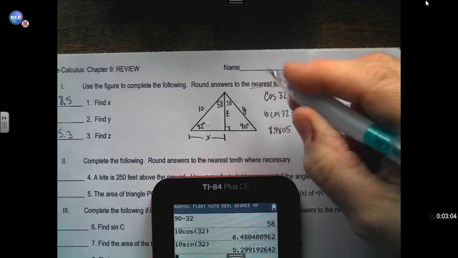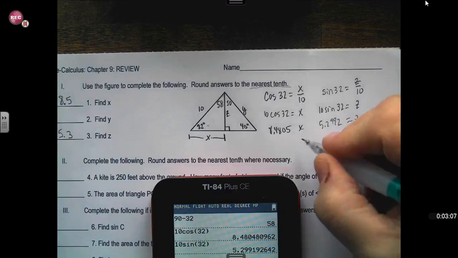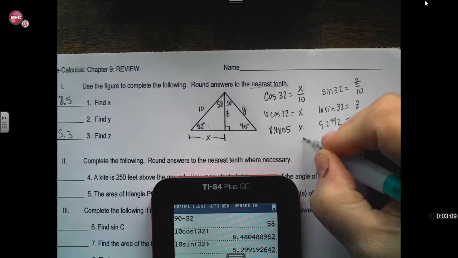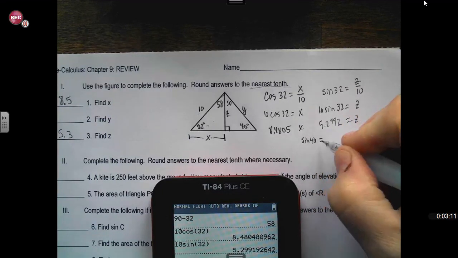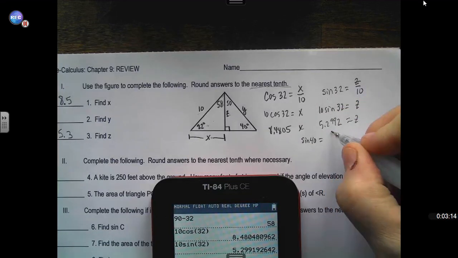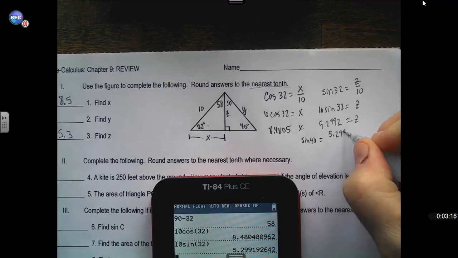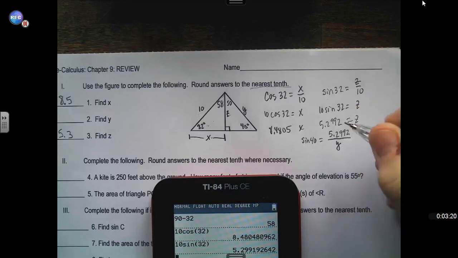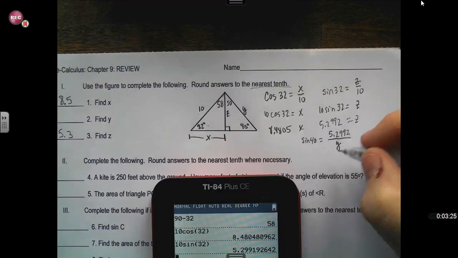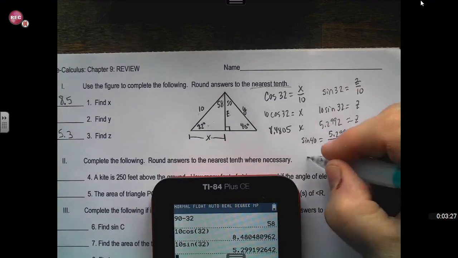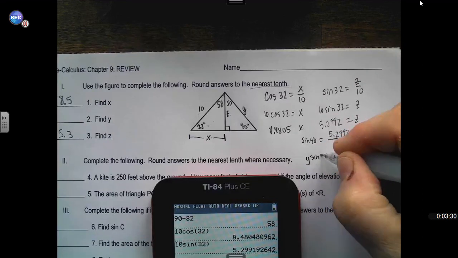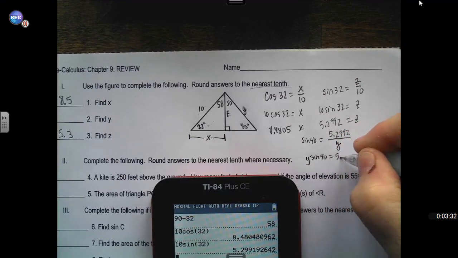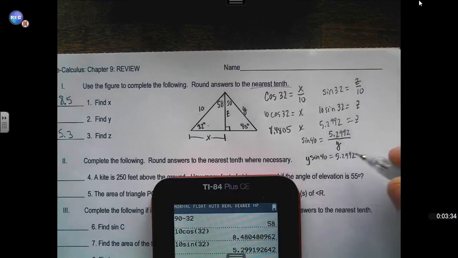So the sine of 40 equals Z, which is 5.2992 over Y. And so when I solve this one, it's going to be Y times the sine of 40 equals 5.2992, and then I would divide both sides by the sine of 40.